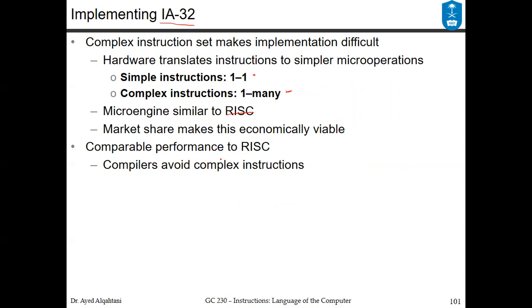It's comparable performance to the RISC. The compiler avoids the complex instruction. So basically, what the x86 did when they moved to the IA32, they tried to move away from the CISC and somehow get to something similar to RISC.